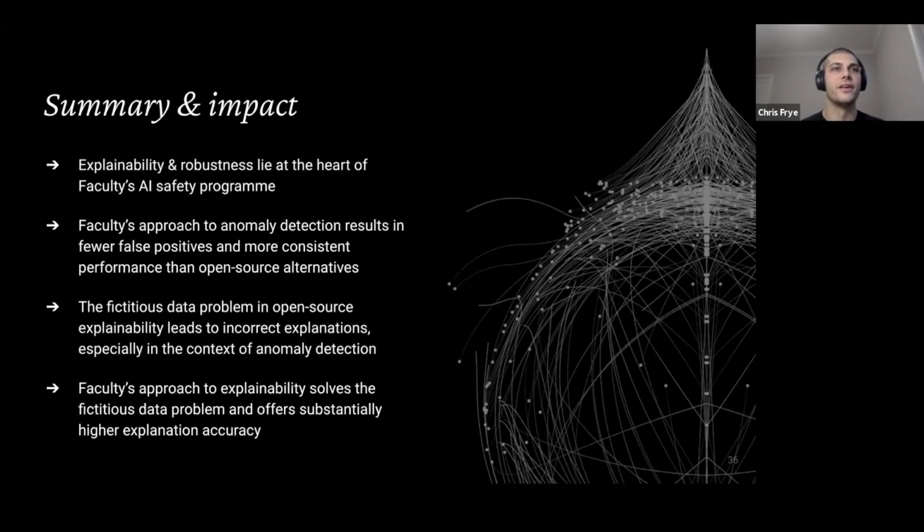We saw that the fictitious data problem in open source explainability leads to incorrect explanations, especially in the context of anomaly detection, where it's so important to get those correlations correct. And we saw just now that Faculty's approach to explainability solves the fictitious data problem and offers substantially more reliable explanations of anomalies.